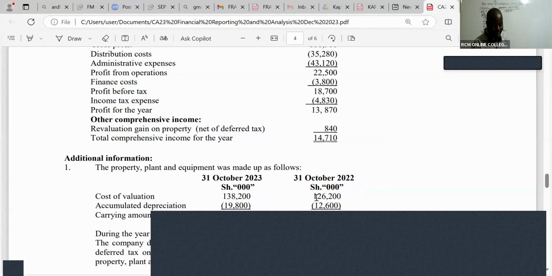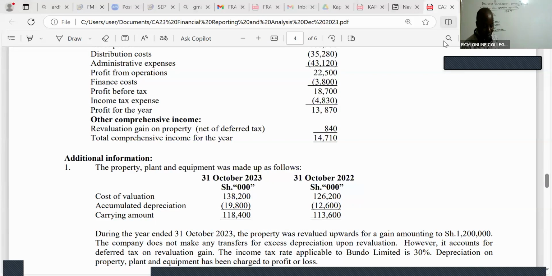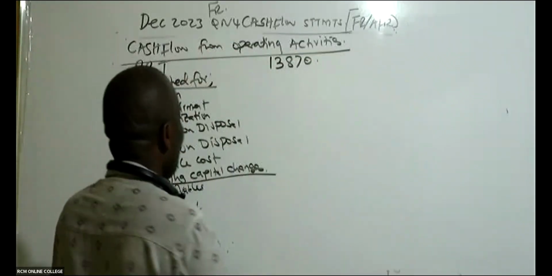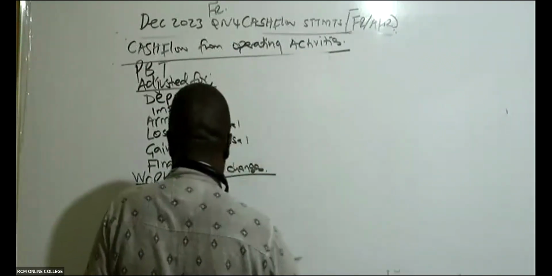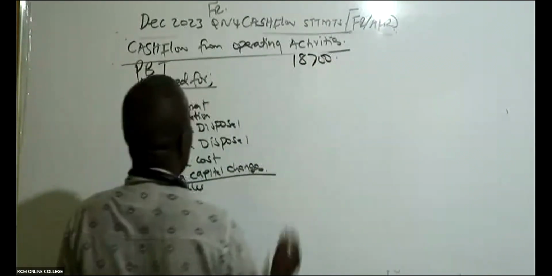Profit before tax is 18,700. That is the profit before taxation. So profit before taxation is 18,700.